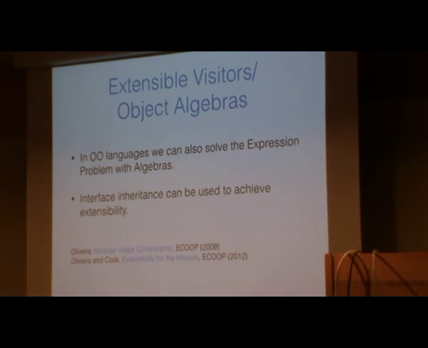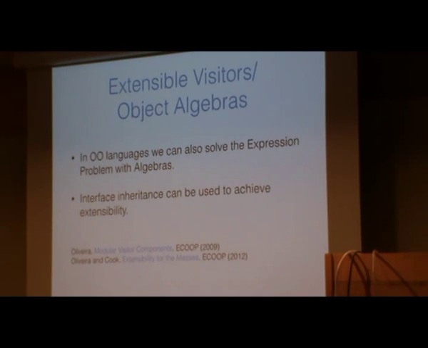And there was yet some other solution. So I already knew about algebras and what they could do for extensibility, of course. So obviously what I tried to do was to apply this to object-oriented programming. So the expression problem is actually a problem that is not just for functional programming. It also exists in object-oriented programming.